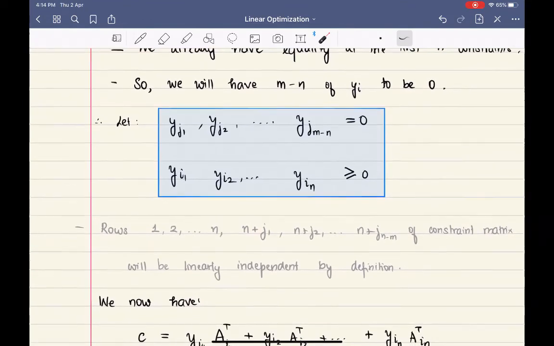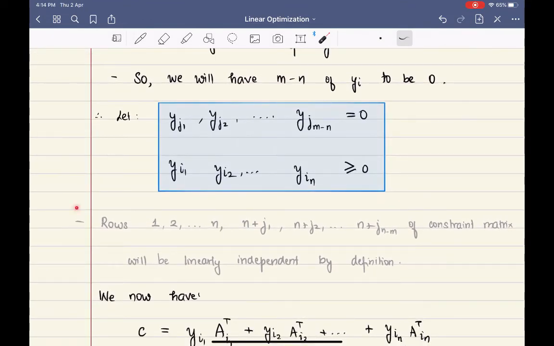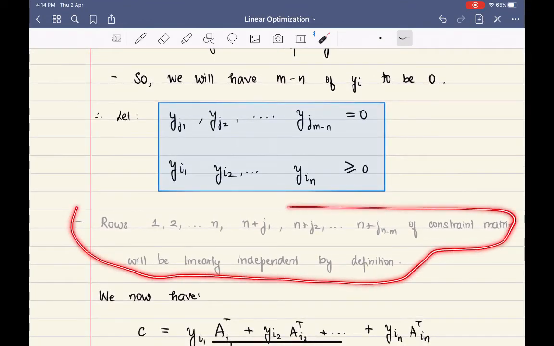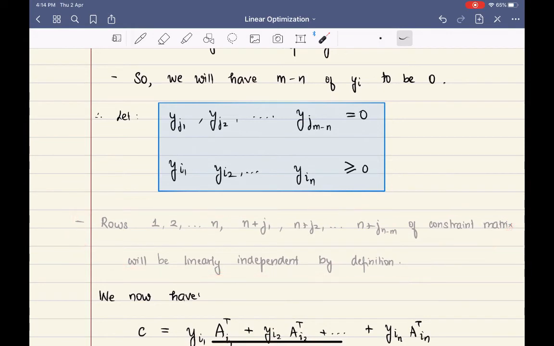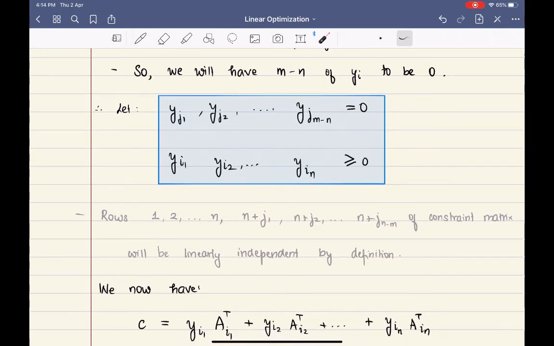Now this is a statement which comes from the definition, which is that in addition the corresponding rows will be linearly independent by definition because it is an extreme point. Now we want to show that this belongs to f bar.